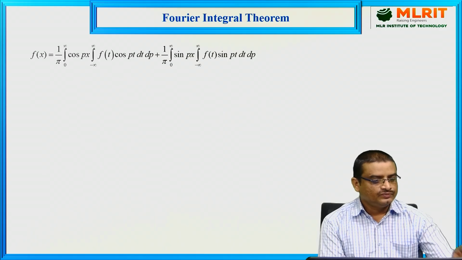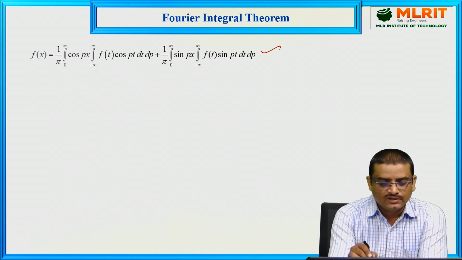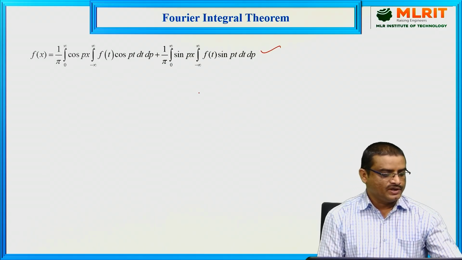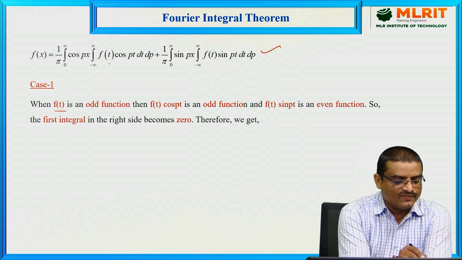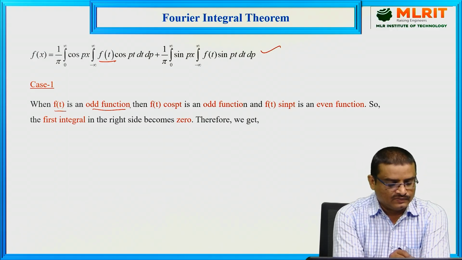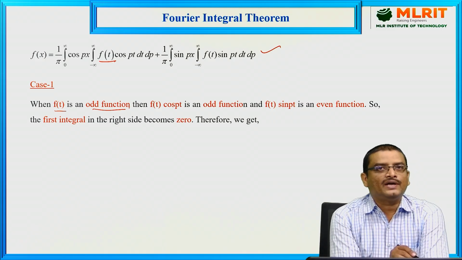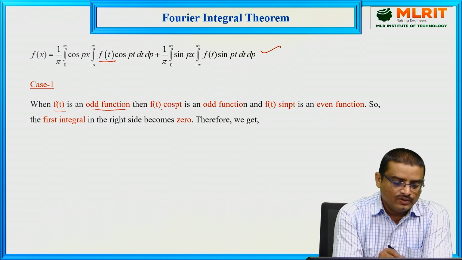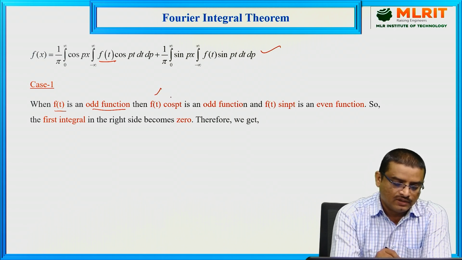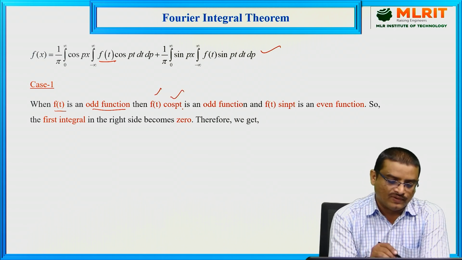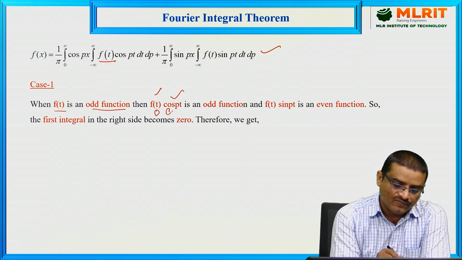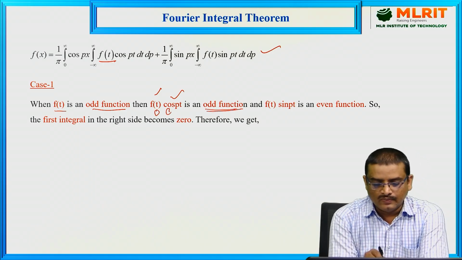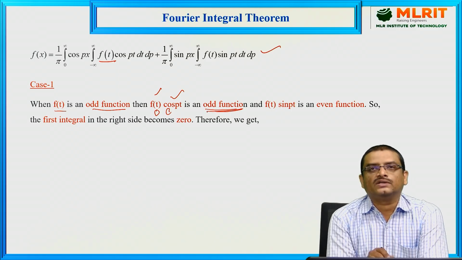So now this is our integral we got. Now I want to take case 1 here. In case 1, I will consider f of t as an odd function. Now we already know that f of t is an odd function and cos pt is an even function. Whenever we multiply an odd function with an even function, the resultant function will be an odd function.